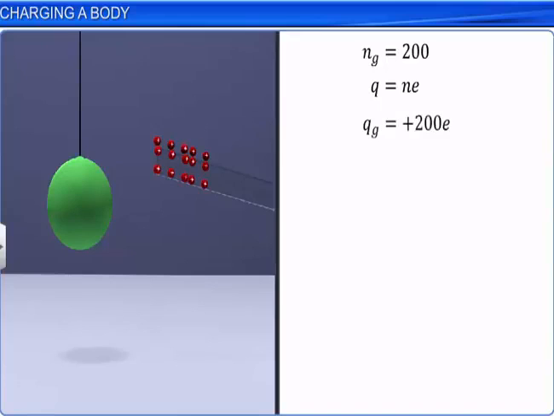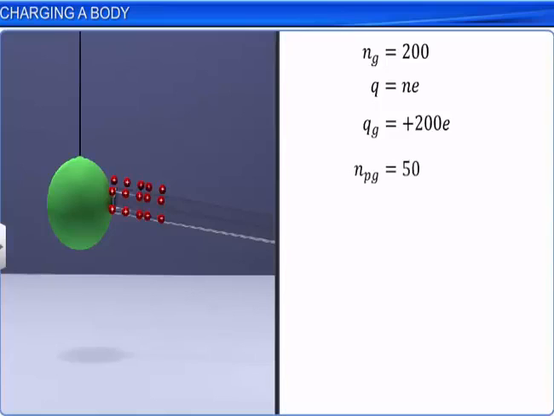Now, when this glass rod was in momentary contact with the pith ball, let us assume that because of the electrostatic attraction, a few electrons, say Npg equal to 50, are transferred from the pith ball to the glass rod.